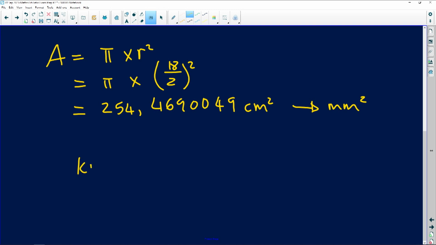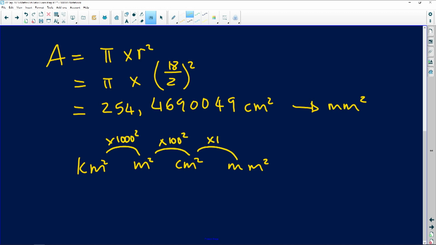Remember, if I had my kilometers, my meters, my centimeters and my millimeters, and I am now using squares, I would put a square there, a square there, a square there, meaning this becomes 1,000 square, 100 square, 10 square. Do you see what I did there?